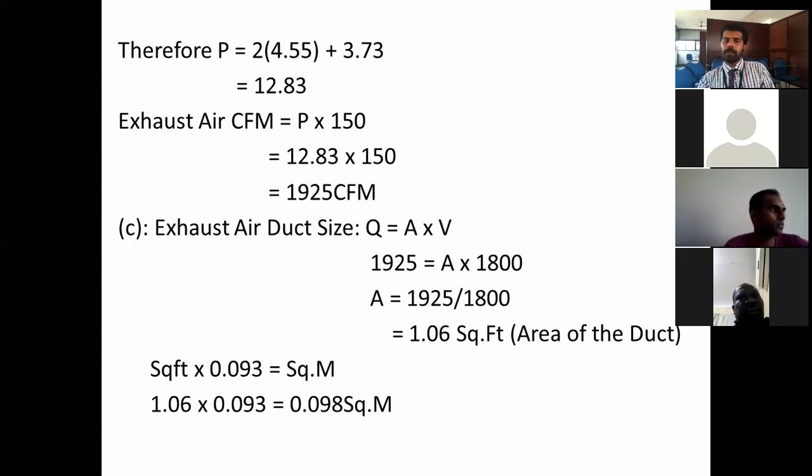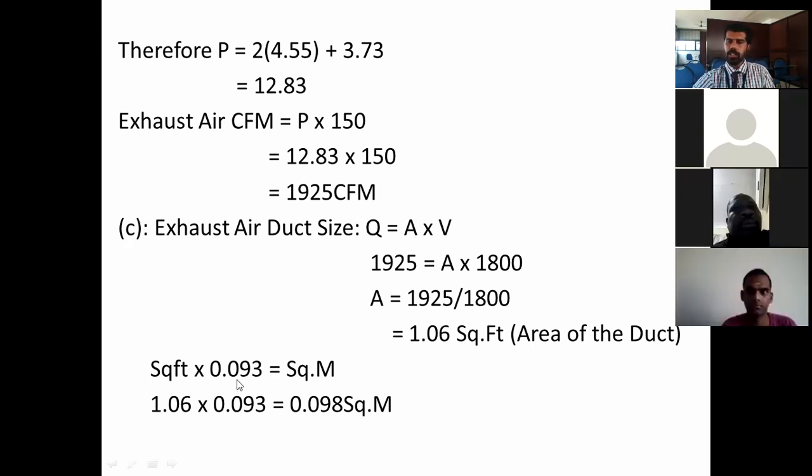So you got the area of the duct in square feet. Now convert it into square meter by multiplying with 0.093. So you will be getting it in square meter. This is the area. If you get the area, can you find the diameter? You have written this.